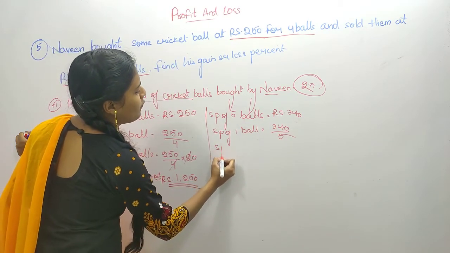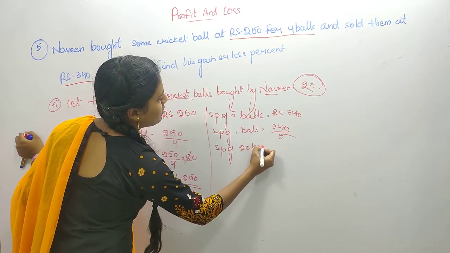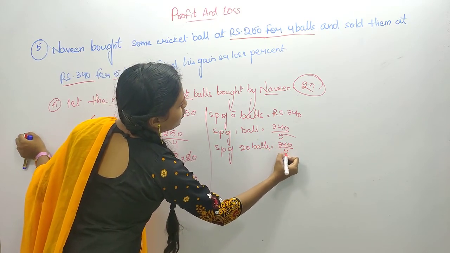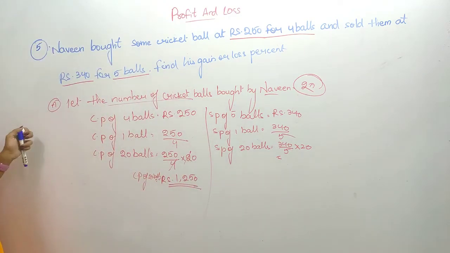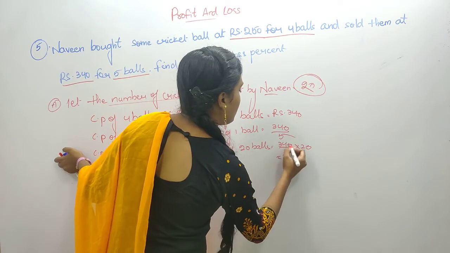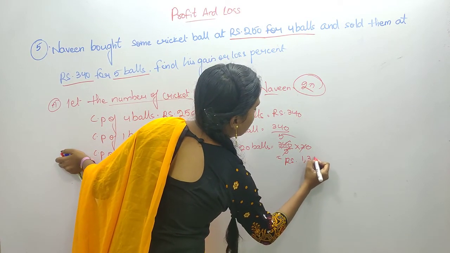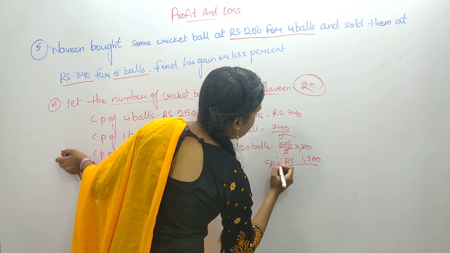Similarly, we find the selling price of 20 balls. Means 340 by 5 into 20. What answer do we get? By doing the cancellation, rupees 1360.